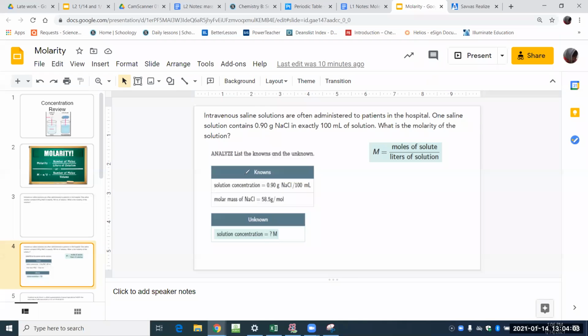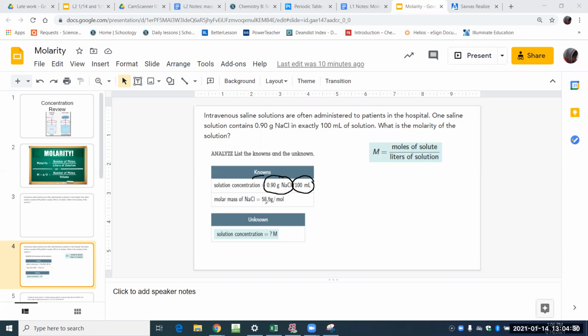All right, so here's what you know. You know that it was giving you 0.9 grams of NaCl, and this is the volume of the solution. Okay, so these are your knowns, right? And you also know how to calculate the molar mass of NaCl, right?